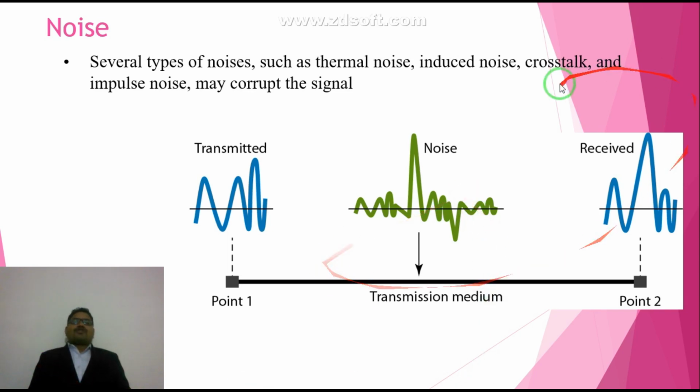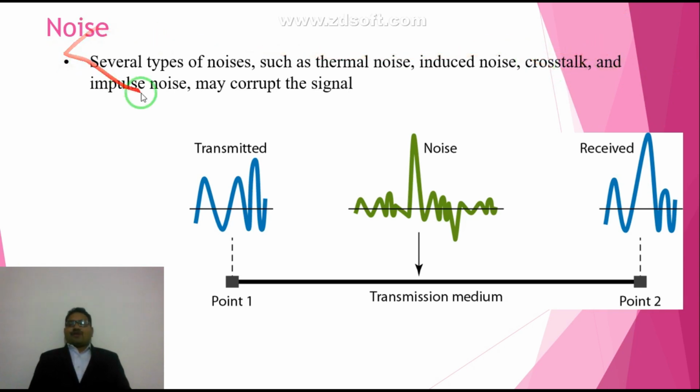This crosstalk can be overcome or reduced by twisting the pair. That's why you have observed that we use twisted pair cable. Why do we twist it? In order to nullify the effect of crosstalk.